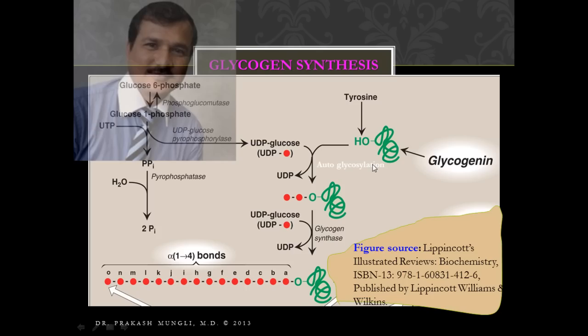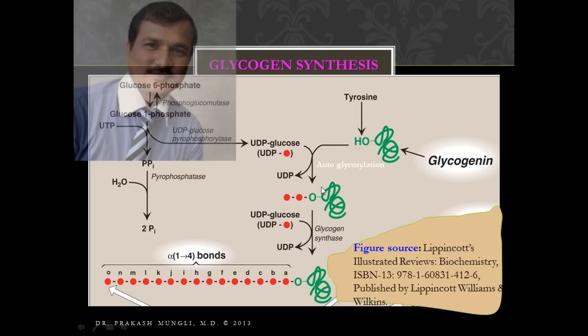It has been noted that the glycogenin itself is acting as an enzyme here. So like this, a few molecules of glucose will be added by the autoglycosylation process. Usually it will be 6 to 8 in number. So once glycogenin gets 6 to 8 glucose residues, of course it is not shown here in this particular figure, they are shown only 2, but usually it will be 6 to 8, and that is the glycogen primer synthesis.